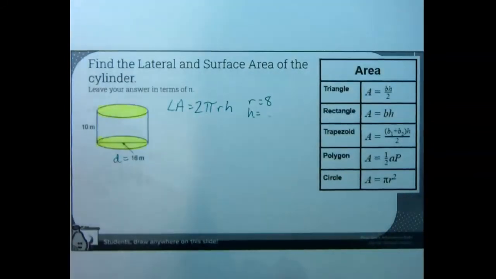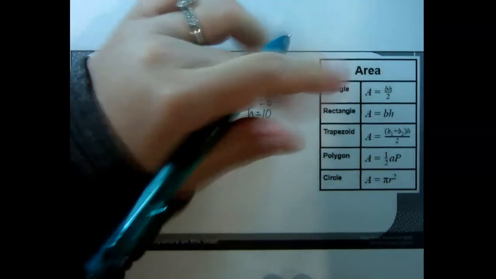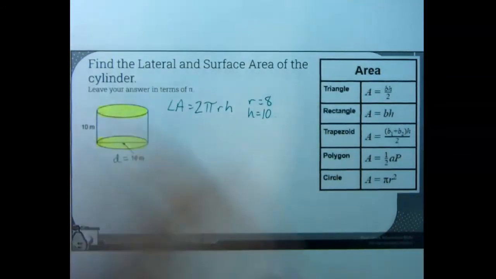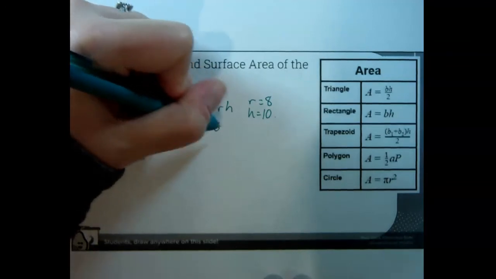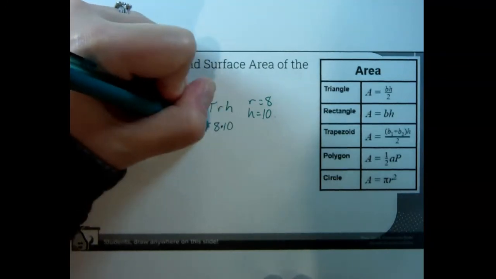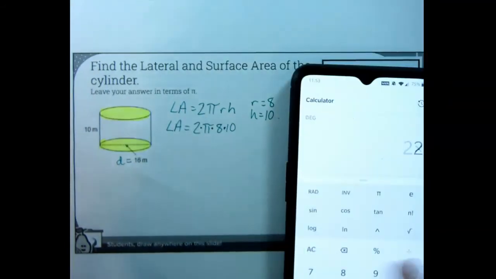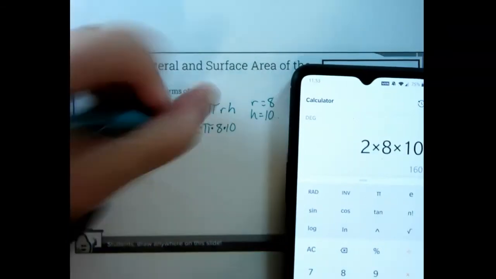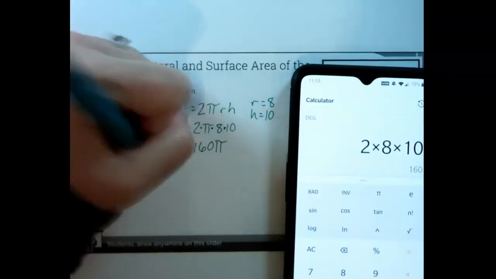The radius is 8 because it's half of 16. 10 is how far apart the bases are, or the height. 2 pi 8 times 10. I'll show the little multiplication through the dots. Remember, just multiplying the numbers, so the lateral area is 160 pi.